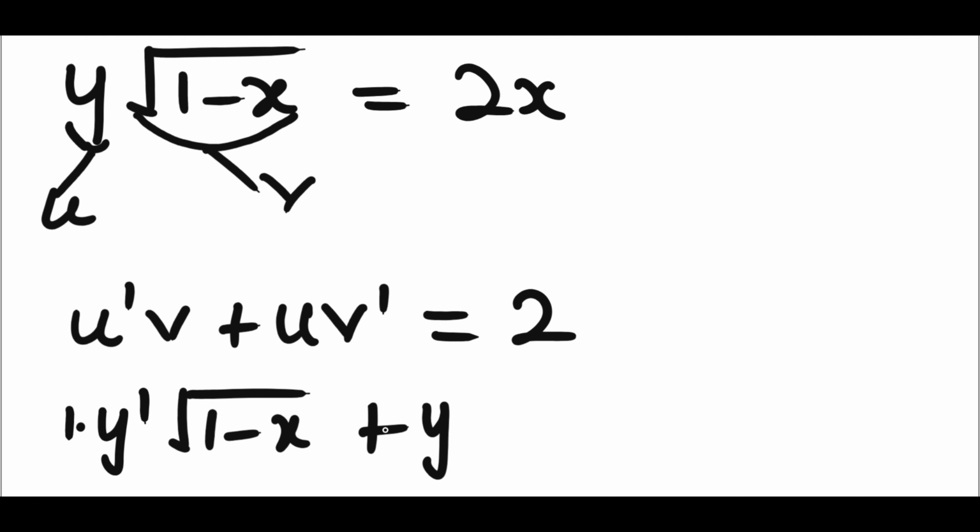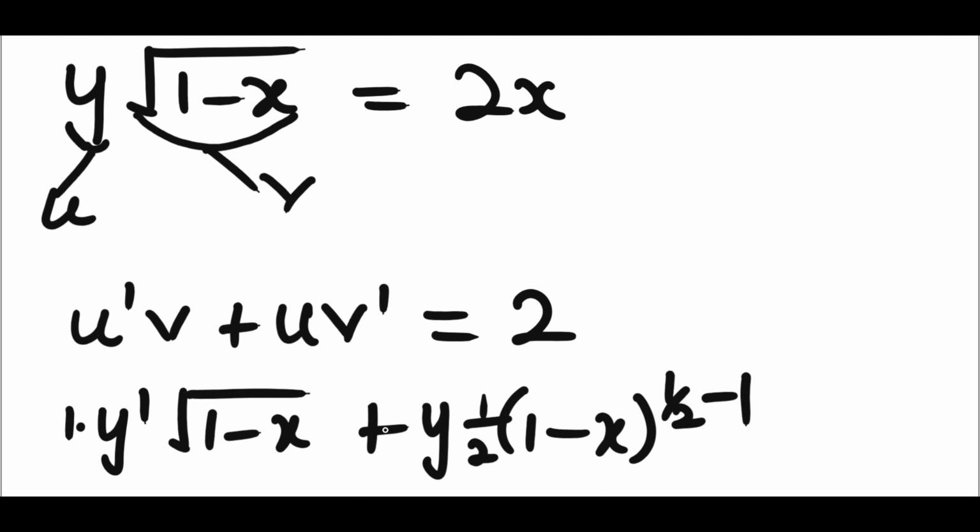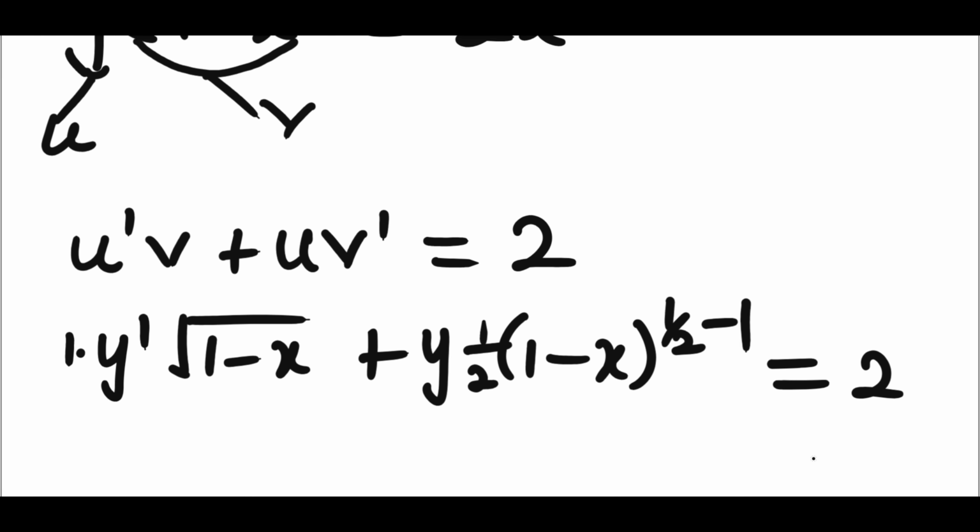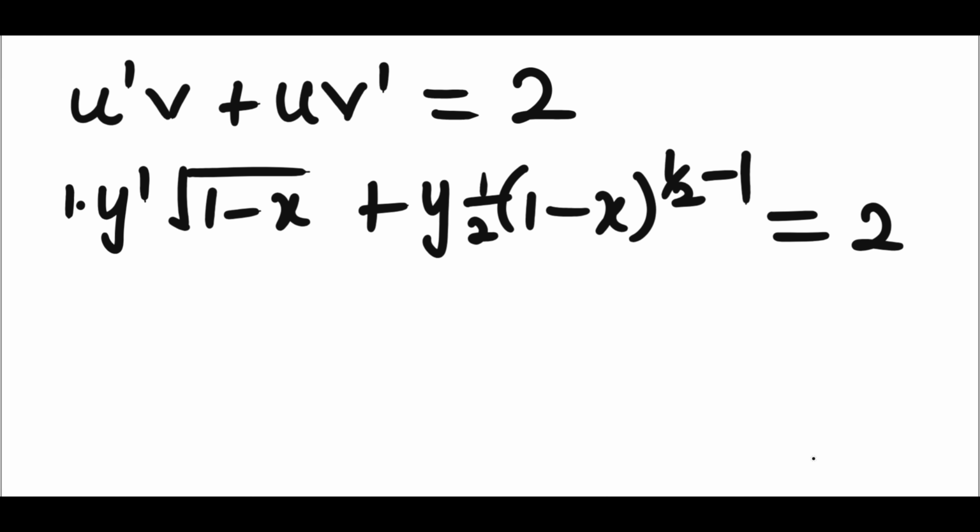Our v can be written as 1 minus x having an exponent of half. To differentiate it, you multiply everything by half, then reduce the power by one, all equal to the 2 at the right hand side. Alright, so let us continue.